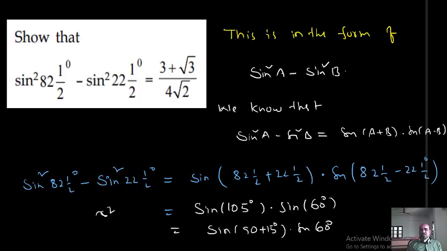Listen students, 90 plus theta is in the second quadrant, where sin is positive, so we get cos 15 degree into sin 60 degree.